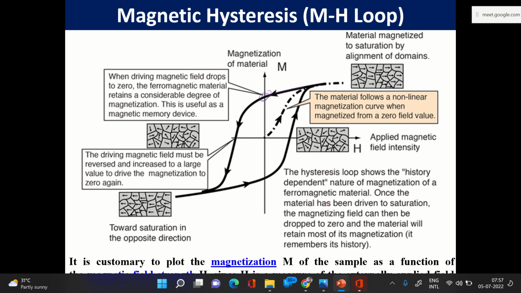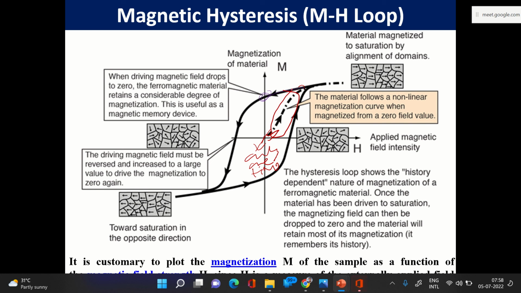This is a one time affair, the first time you subject it to a magnetic field.